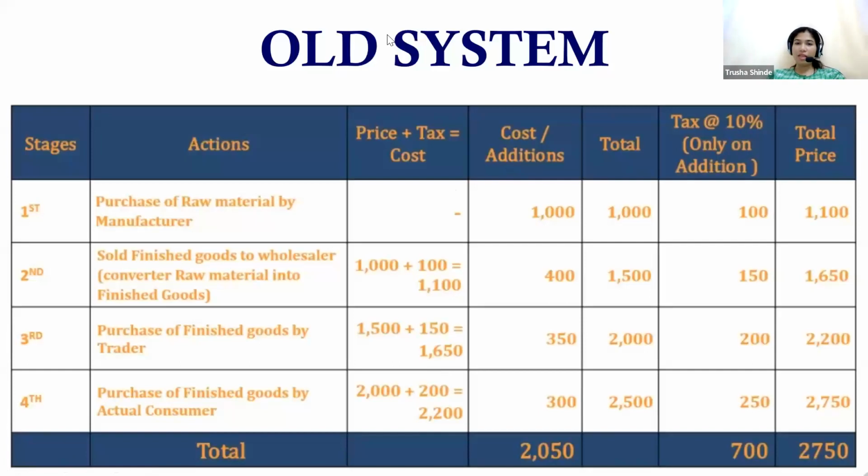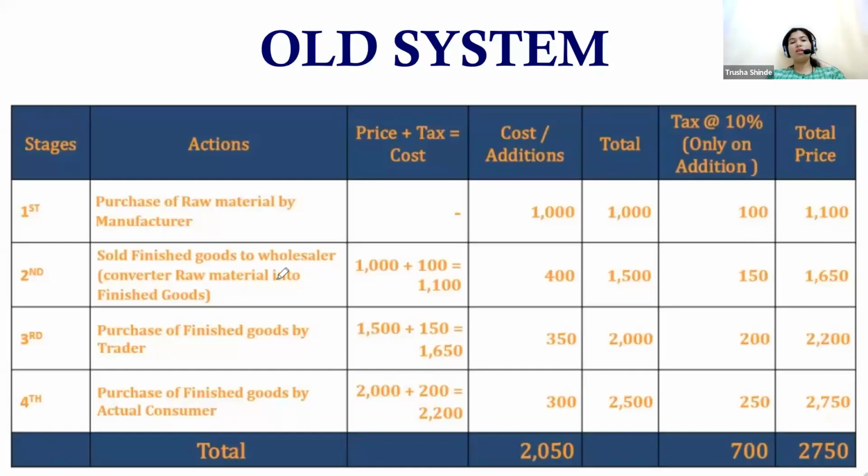For him, the expense is 1000. Now for that particular expense, whenever there was a supply, tax was charged: 10% of 1000, which is 100. So for him, the price is 1100, for the seller.